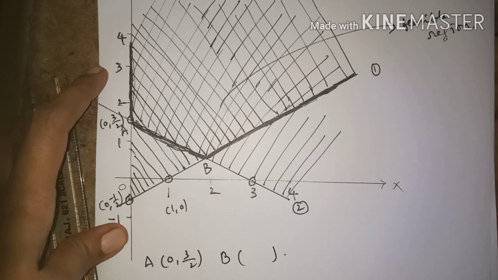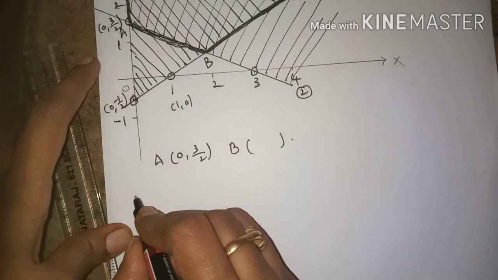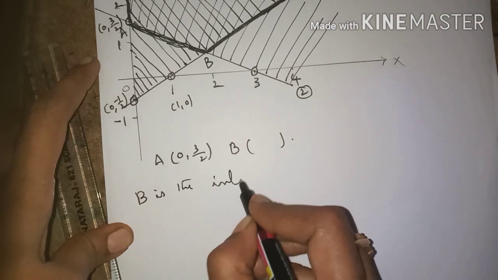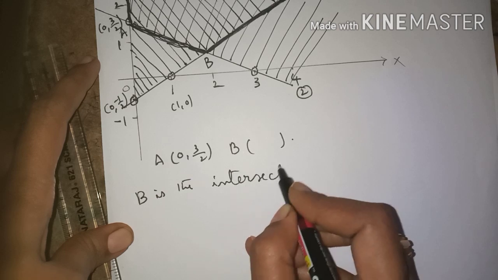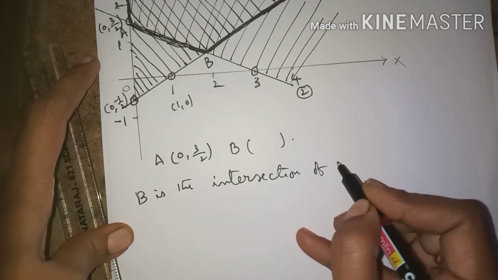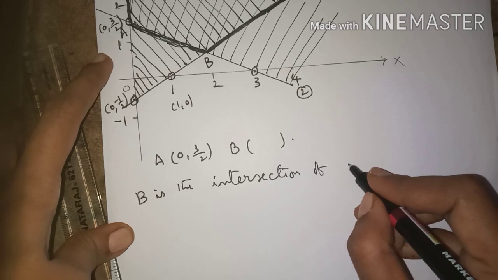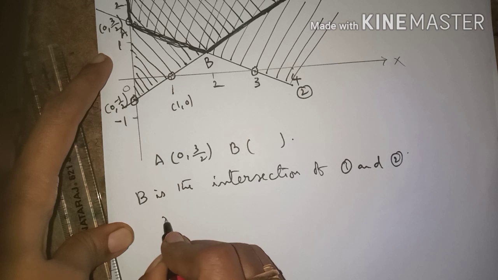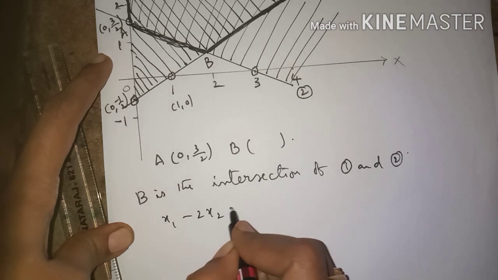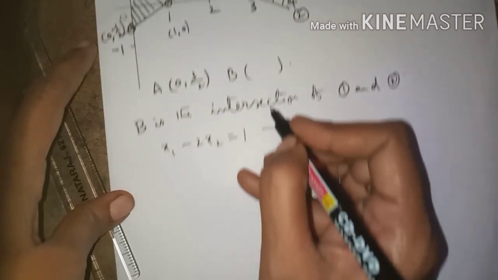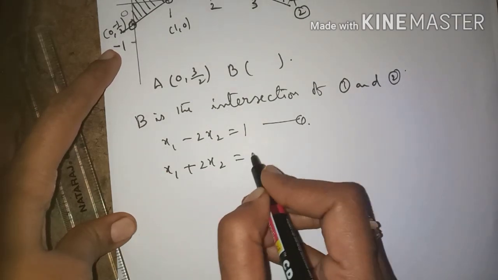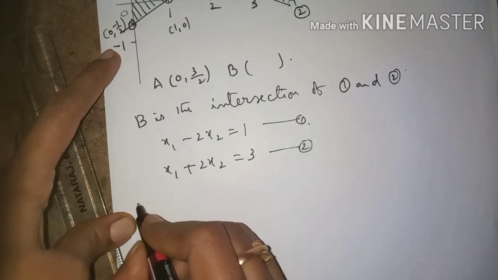B value we don't know. We have to calculate the B value. B is the intersection of which two lines? First line and second line. What is the first line? x1 minus 2x2 is equal to 1 is the first line. x1 plus 2x2 is equal to 3 is the second line.